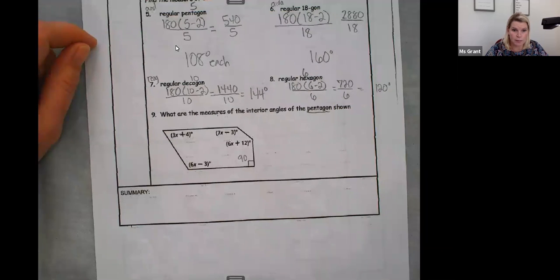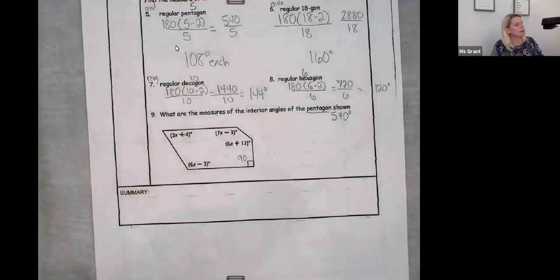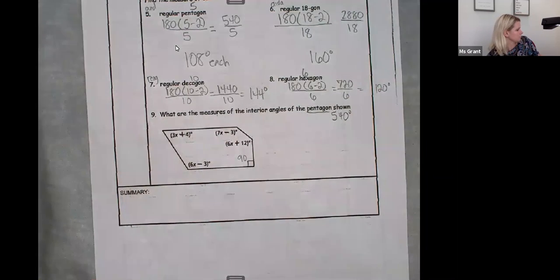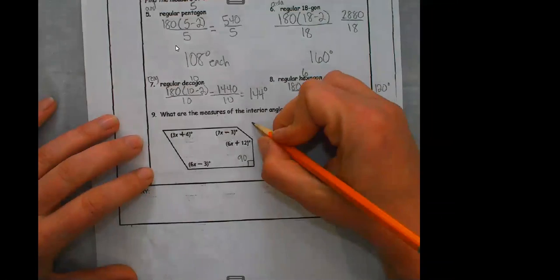Oh my gosh, people. If I know that a pentagon has 540 degrees in it, all of them added up, how am I going to solve this problem?